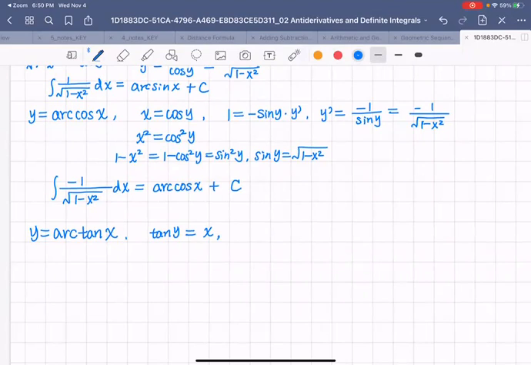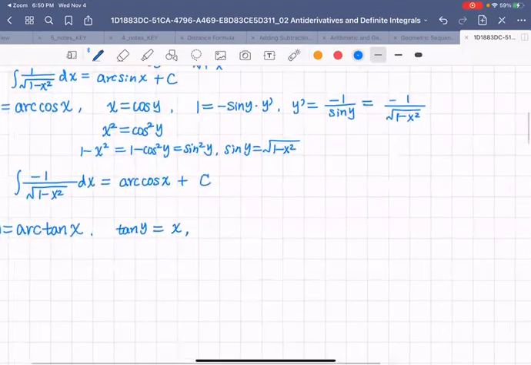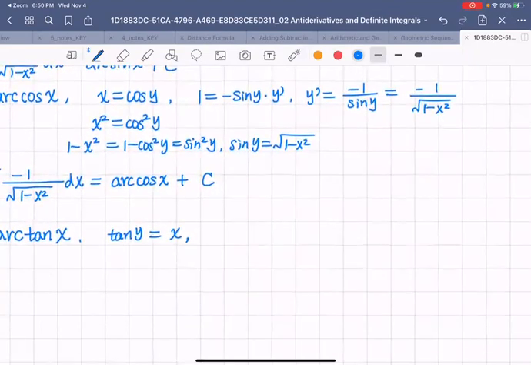Left side derivative is secant squared y times y prime, equals 1. So y prime equals 1 over secant squared y, right?